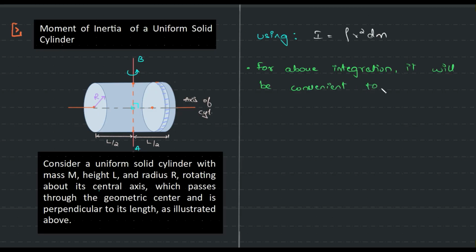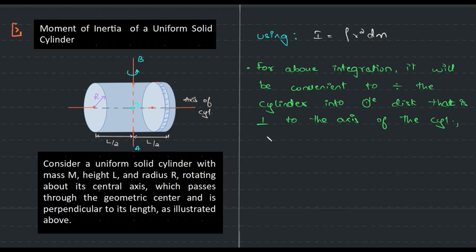It would be convenient to divide the cylinder into circular discs that are perpendicular to the axis of the cylinder, and of dx thickness.